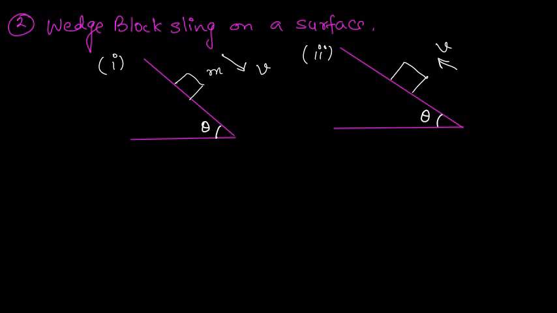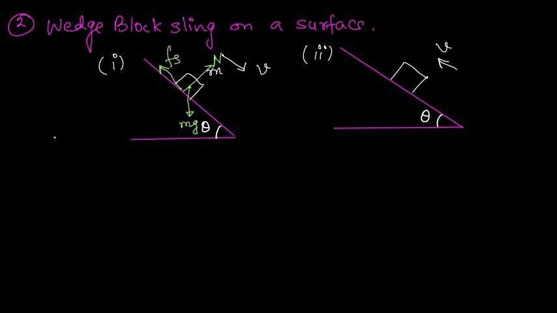First, if we wish to write Newton's equation of motion, we have to draw the free body diagram and the forces acting on it. There will be mg acting downwards, and a normal force acting in this direction. The block is moving downwards, so the frictional force will be acting in this direction.